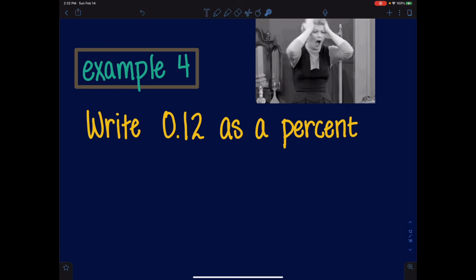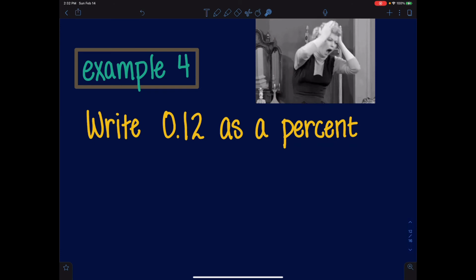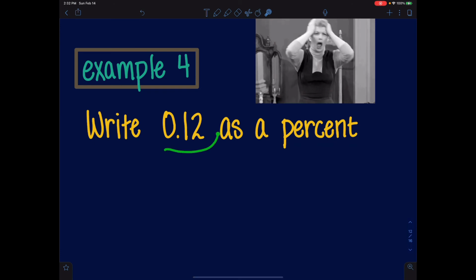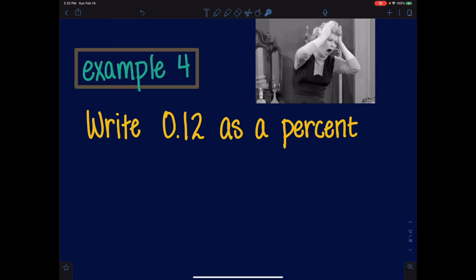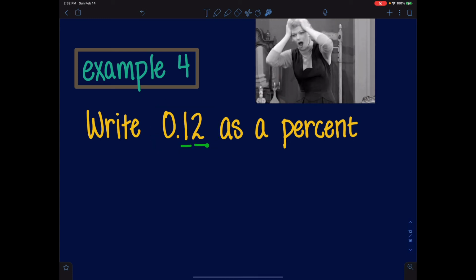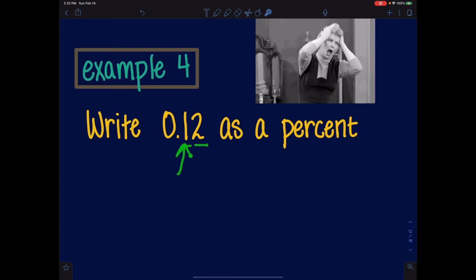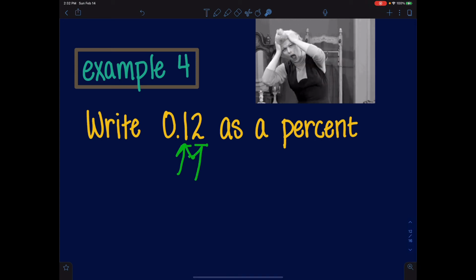It says write 0.12 as a percent. Okay. Now, this is starting out as a decimal, not as a fraction. But you remember that these places past the decimal point, like this one is the tenths place, and this is the hundredths place, right?